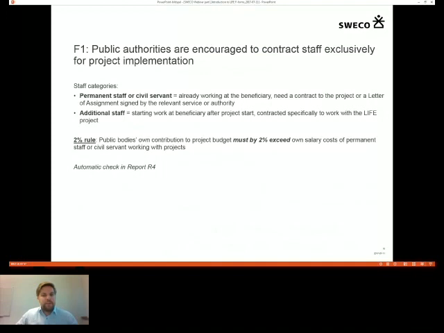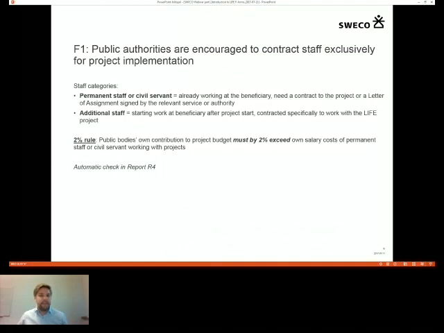Many municipalities choose to instead employ new people to work with a project, for example, a project manager. These are called additional staff, and they start working at the beneficiary after the start of the project. And they need to be contracted specifically to work with the LIFE project.